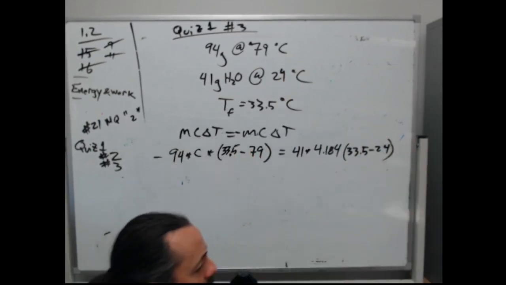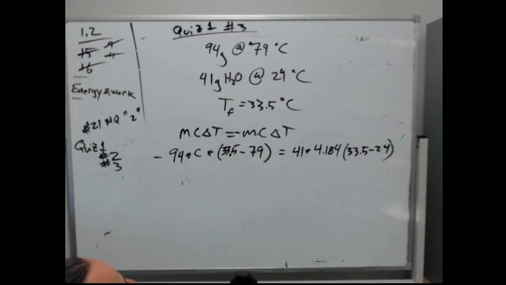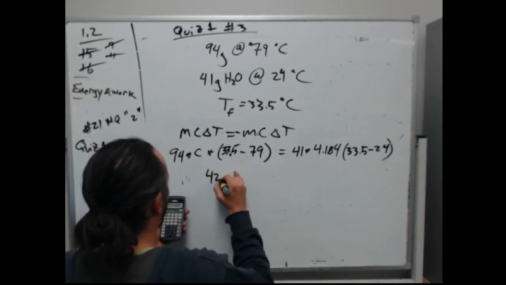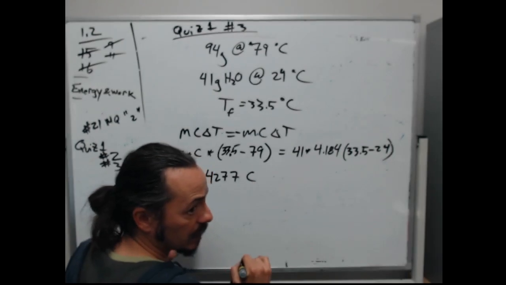Okay, this is looking good. And then I just solved for C. So I just divided negative 94 times 33.5. Let's get the delta T real quick. 33.5 minus 79 is, oop, that's not right. 33.5 minus 79, yes, it's negative 45.5 times negative 94 gets us 4277C.